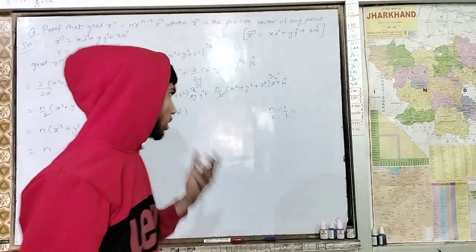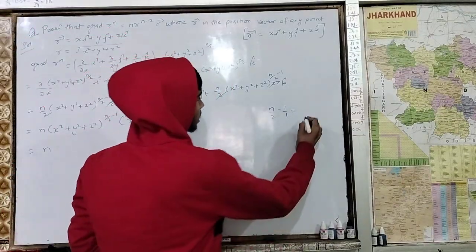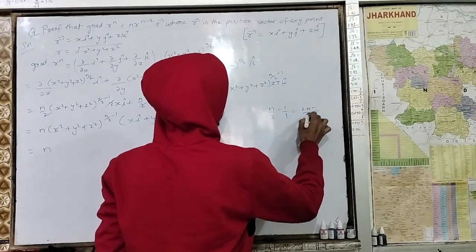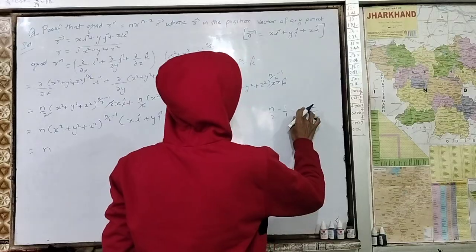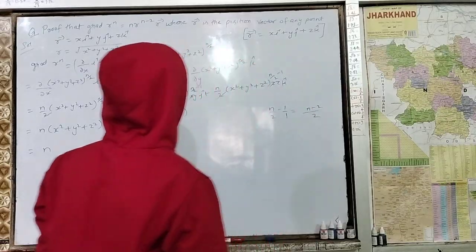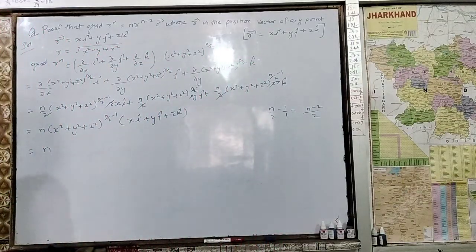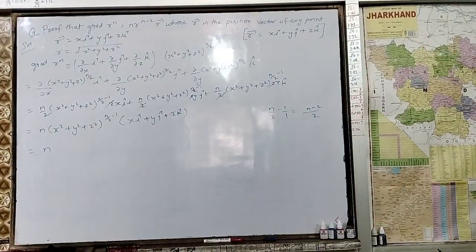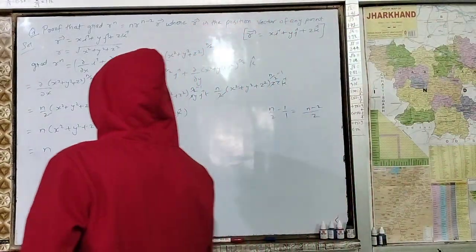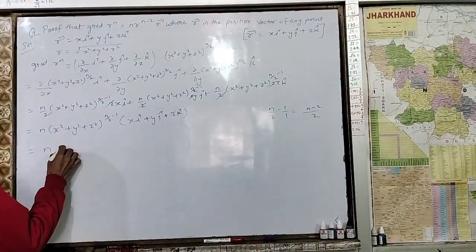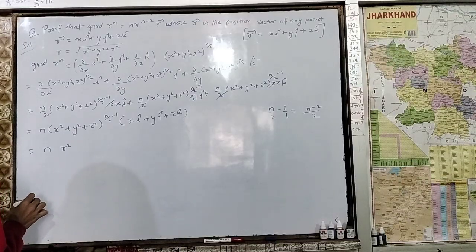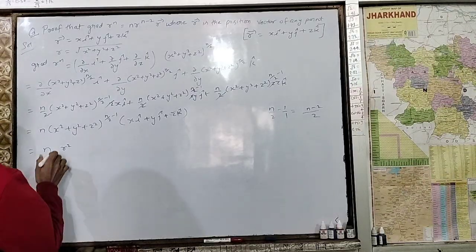What will you get as a result? This will be 2, this will be 2, so n minus 2, n minus 2. Look at over here. This is the value of r square.